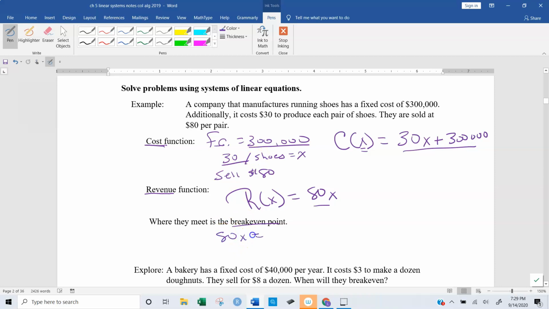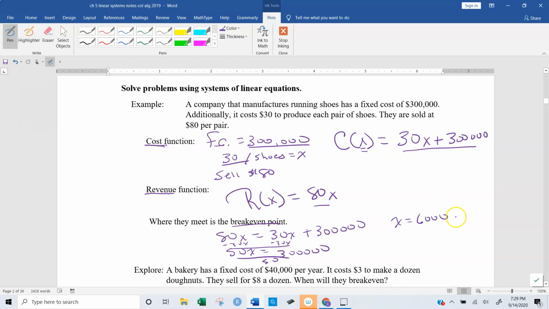So we'll go 80x equals 30x plus 300,000. Subtract your 30x. So 50x equals your 300,000. Divide by 50. And you're going to get x equals 6,000.